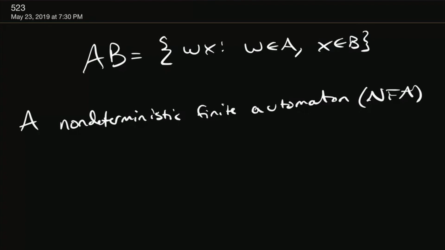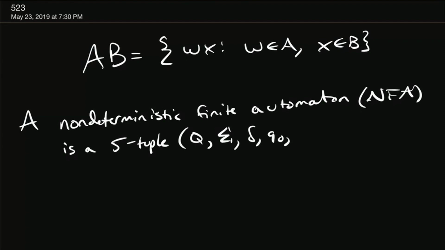So this NFA is also a 5-tuple with the 5 usual suspects. So it's got states, input alphabet, transition function, start state, and final states. Same as before. Well, I think we should keep the states part exactly the same. We want to have it be a state-based machine.